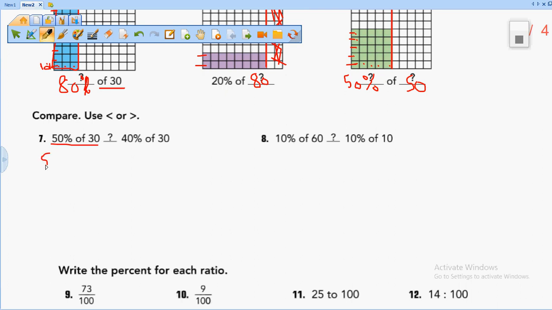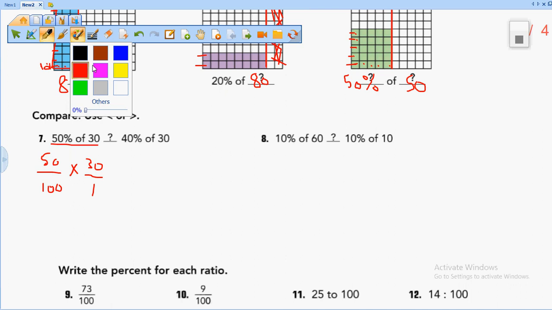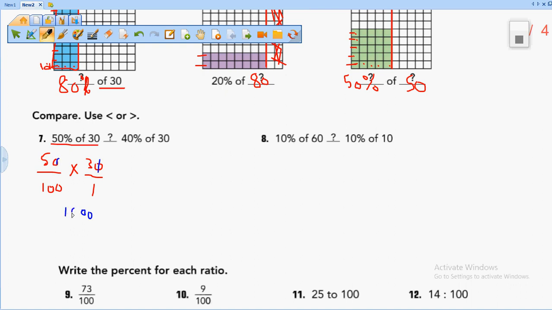I can say 50 over 100 converted as a fraction, multiplied by 30. Now we have fraction by fraction. We have to put it over 1 to say fraction by fraction. I can multiply directly 50 times 30. We will bring the zeros down. 5 times 3 is 15. 100 times 1 is 100.